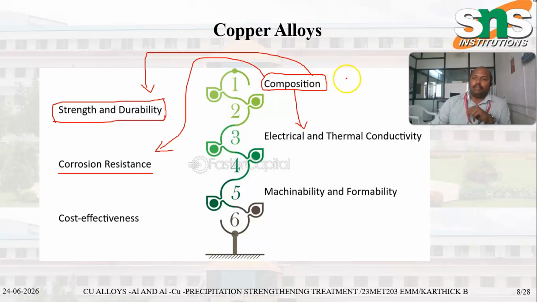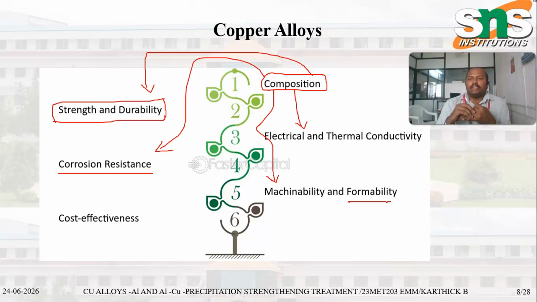Copper has high strength, and it can also be easily machined and formed into any part. As I already said, copper can be formed as tubes, and copper tubes are used in heat exchangers.